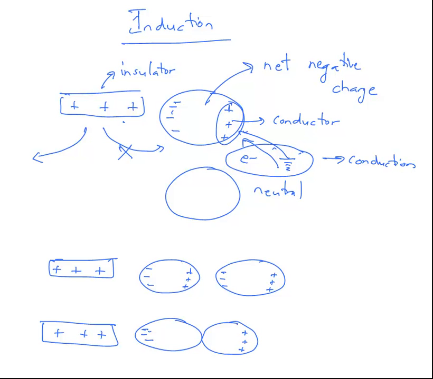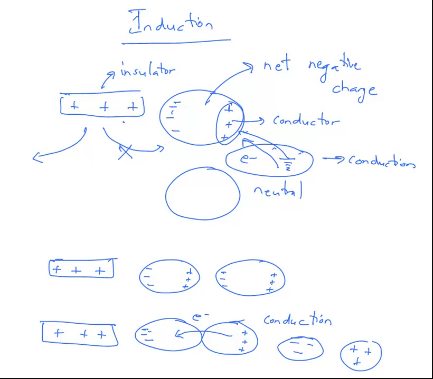Again, conduction has happened here in addition to the inductive effect. Why has conduction happened? Electrons from this body have flown into this. Which means that now if I separate these two bodies, this guy will have a net negative charge and this guy will have a net positive charge.